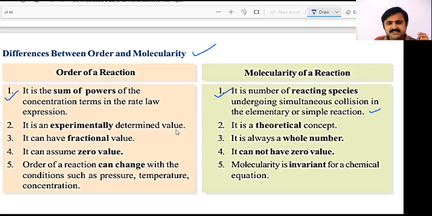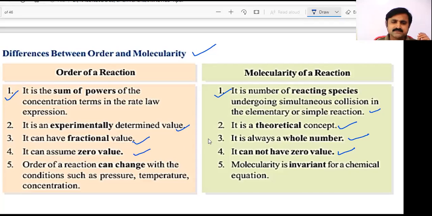Whereas order of reaction is determined experimentally, molecularity is a theoretical concept. You can have a fractional value for the order of reaction, but molecularity is always a whole number. Order of reaction can assume zero value, but you cannot assume zero value for molecularity.